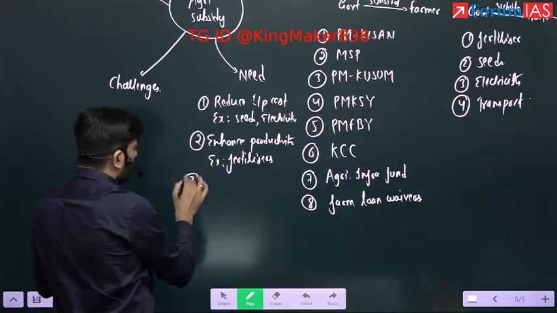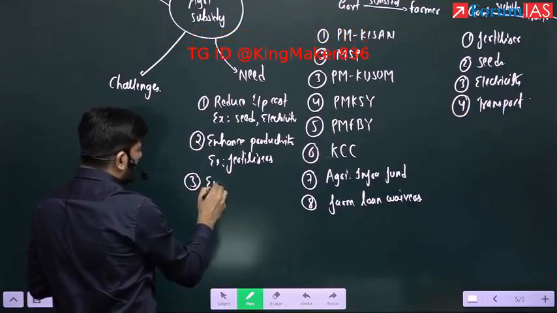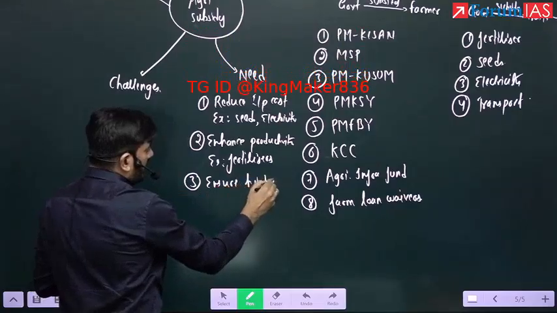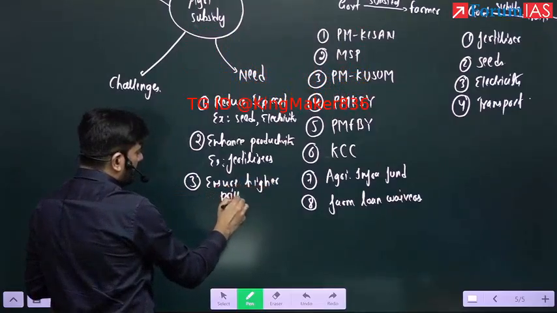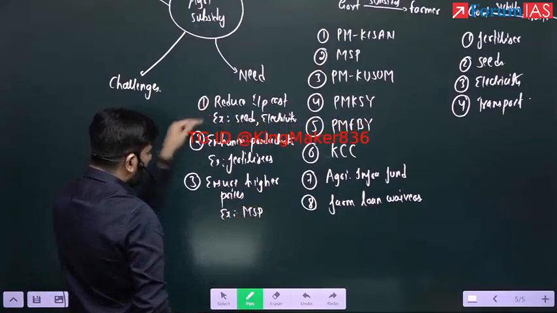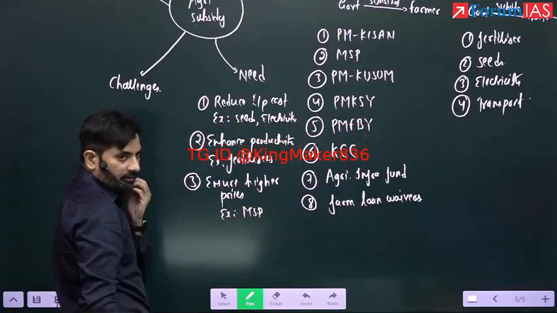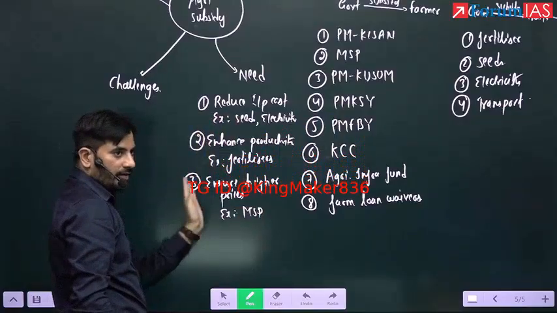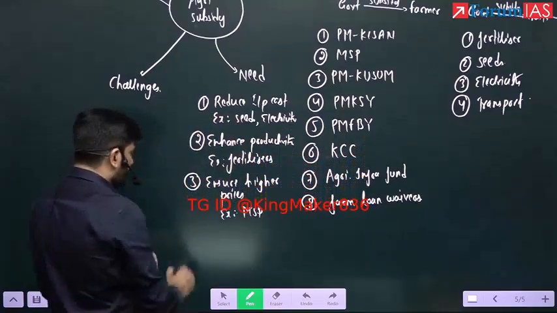Third, we can ensure that the farmers are getting higher prices. Yes, MSP. 1, 2, 3 points. Where did these 3 points come from? Dalwai panel. Exactly. Reducing input costs, enhancing productivity, and ensuring better prices.